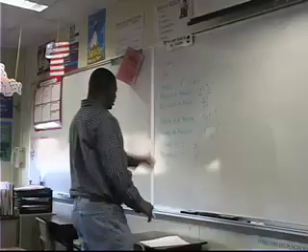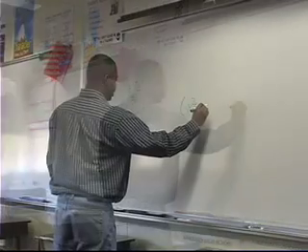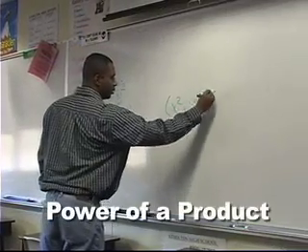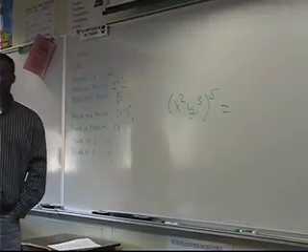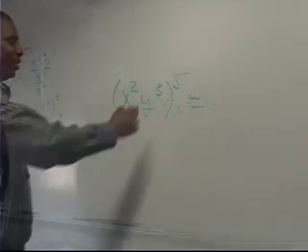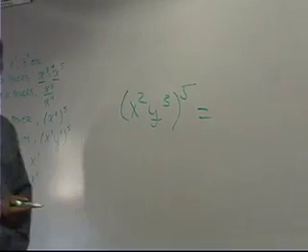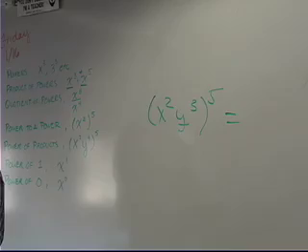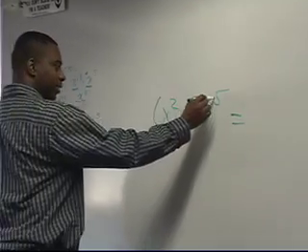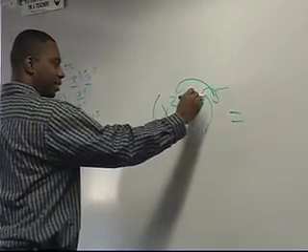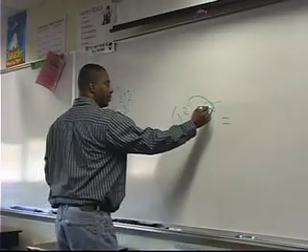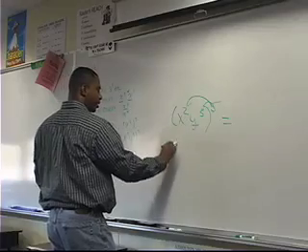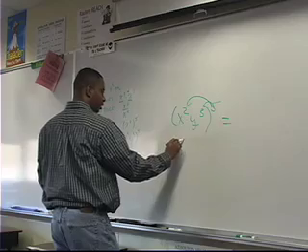Exactly. So let's look at the power of products. It's kind of tricky. You're not kidding. In this case, Dave, we're going to have to do a little bit of distributive property. What was that again? We're going to distribute. We're going to send this 5 here and send it there. Both places? Yes. So that becomes x to the 10th.